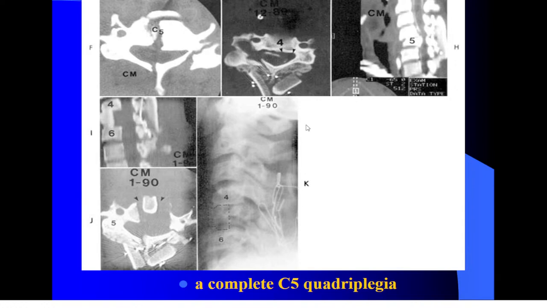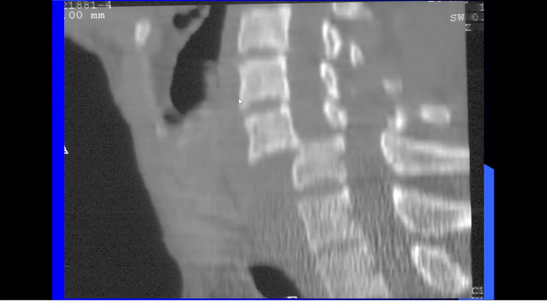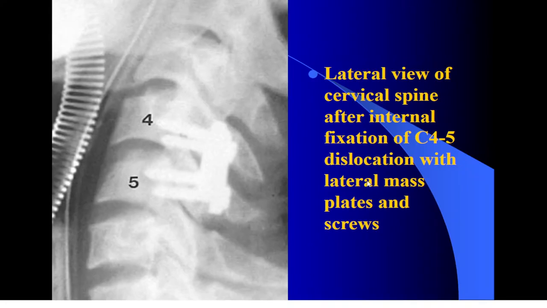So it should be a very precise, very clear procedure, and you don't have any chances for mistakes. For the lumbar and thoracic parts, we don't have a transverse foramen and we don't have vertebral arteries. So the risk of injury to those structures is absent. That's why most surgeons for the cervical part prefer to use an anterior approach and plating, and for the thoracic and lumbar parts, a posterior approach and transpedicular screw fixation.